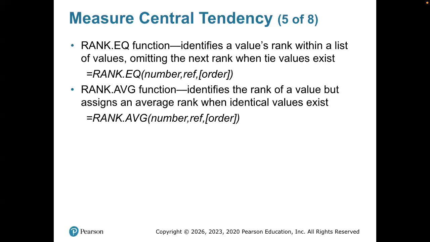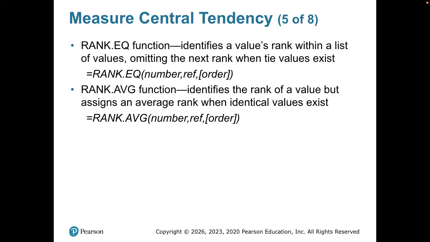So these are going to work the exact same way for values that don't have a tie. If there's a tie, if I use .EQ, this is going to omit or just not include the next rank.